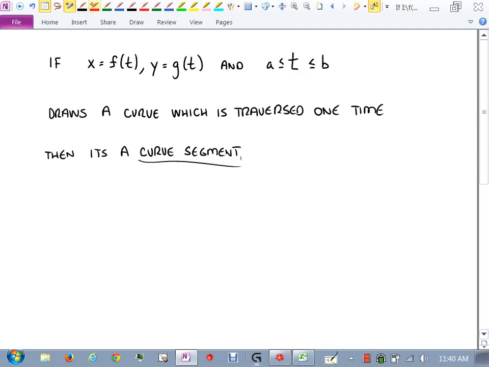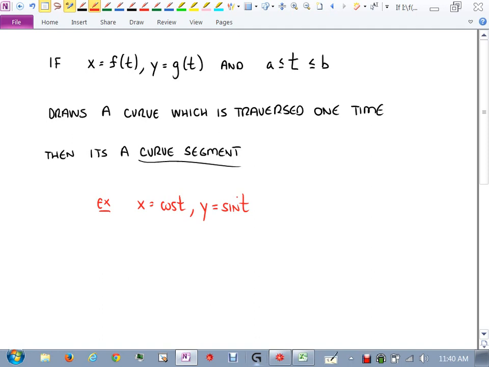An example of this would be if I just write x is cosine t, y is sine t, and I don't give you a restriction on t. What's that going to draw? It's just going to be a unit circle, but infinitely many times on top of itself.